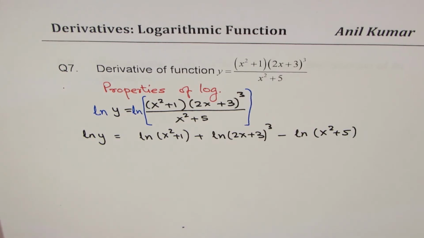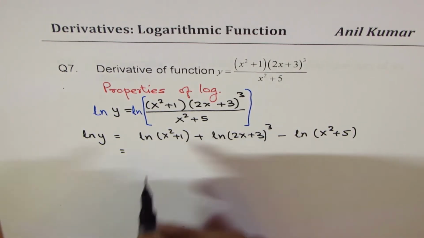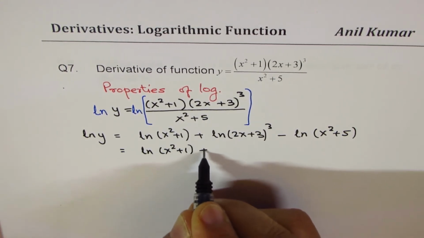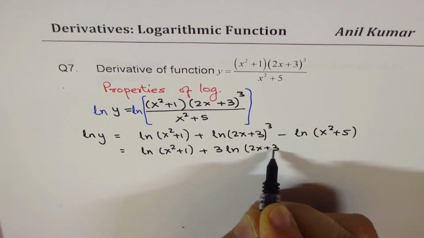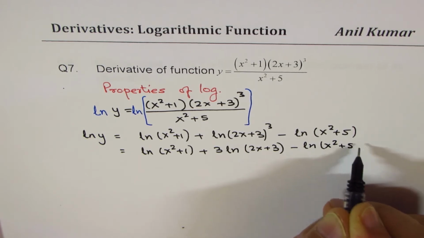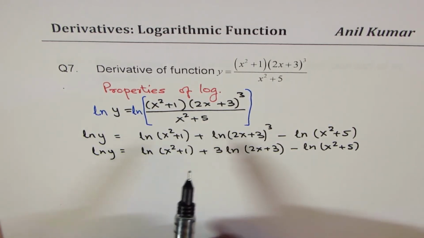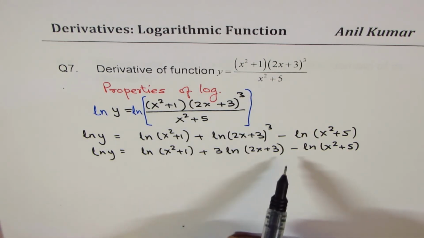Do you see that? Let me rewrite with 3 here. So it'll be ln(x squared plus 1) plus 3 times ln(2x plus 3) minus ln(x squared plus 5).